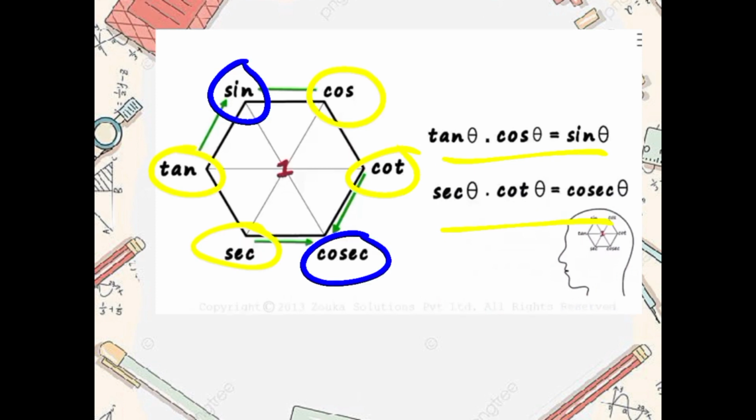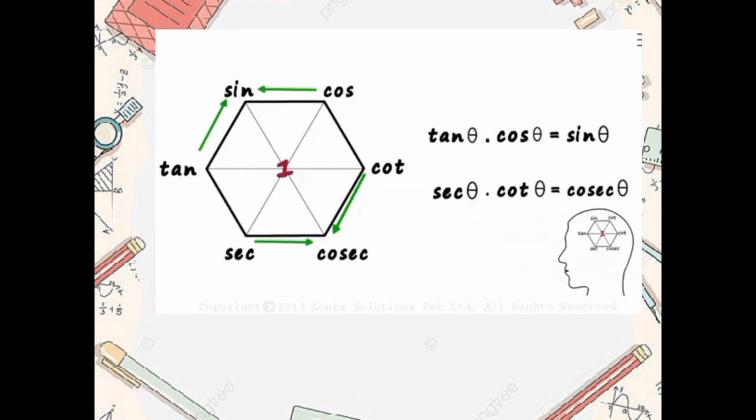So again, tan theta multiplied by cos theta will give us sine theta. And sec theta multiplied by cot theta will give us cosec theta. Even cosec theta multiplied by tan theta will give us sec theta.